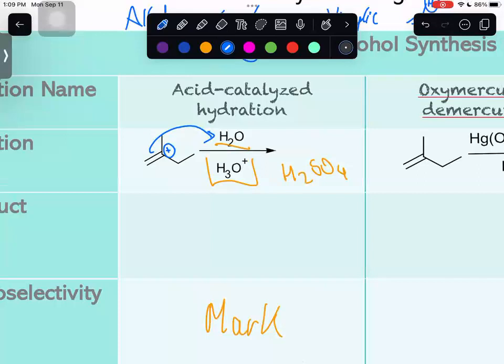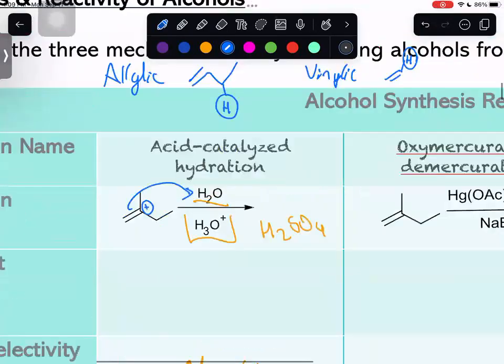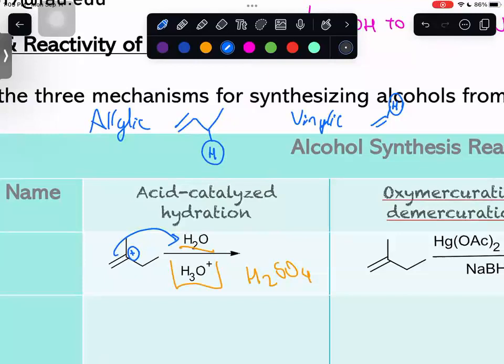Okay, let's go back to this. So, a question for this molecule: we have a tertiary, but we also have allylic positions, and because we have an allylic that's secondary, that's going to be where.